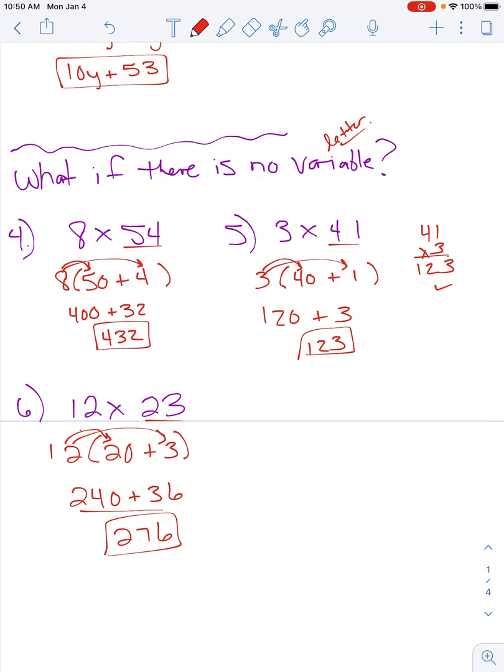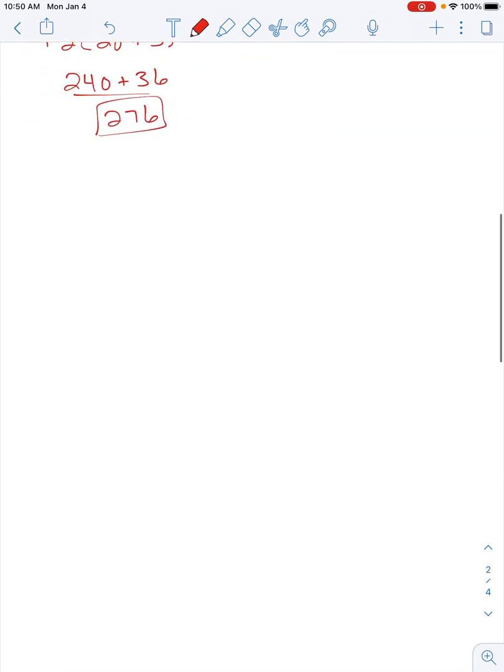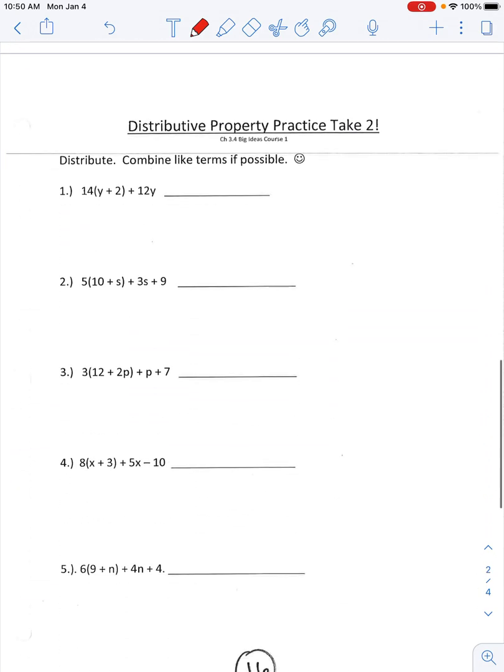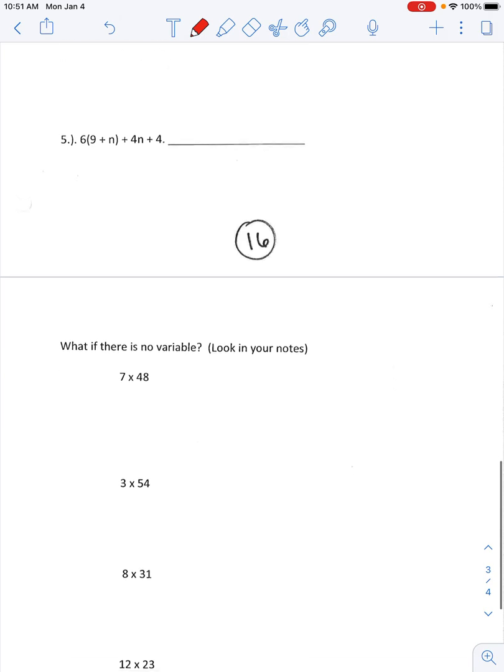Okay, in Canvas, there is a link now to the practice worksheet that we're going to do in class, and I've already attached it to this. You'll need to go into Canvas and download Distributive Property Practice Take 2. It's worksheet 16. It looks like this. 1 through 5 is exactly what we've already done. That was the first part of the notes.